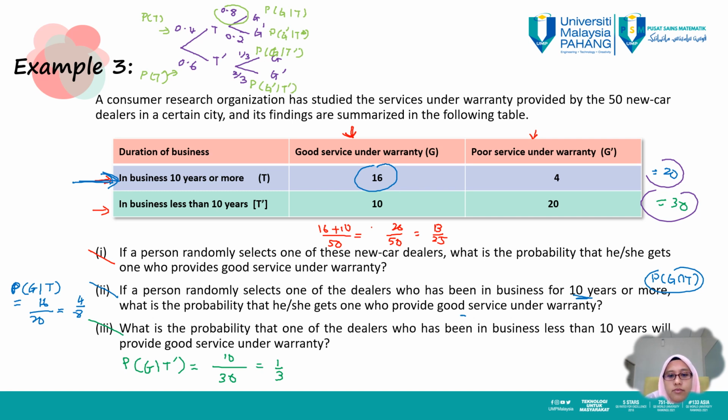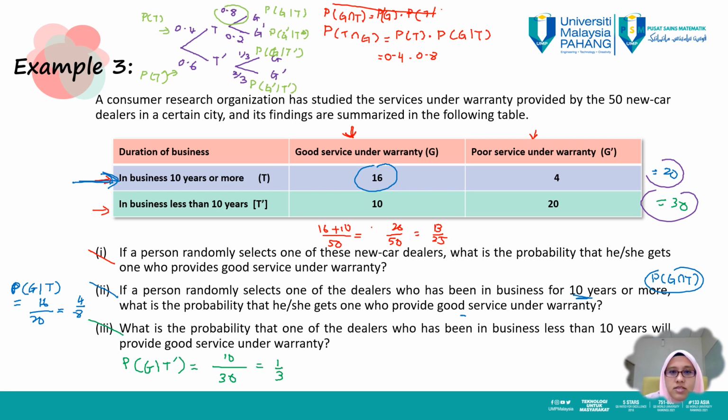From here, we can find the probability of T intersect G, which is equal to the probability of T multiplied by the probability of G given T. So here P(T) is equal to 0.4, multiplied by G given T, which is equal to 0.8. So you can get the answer.